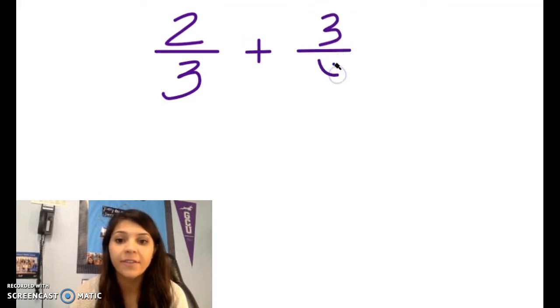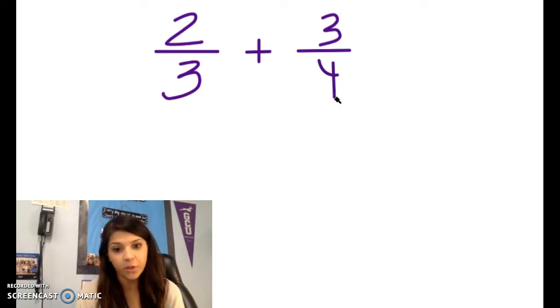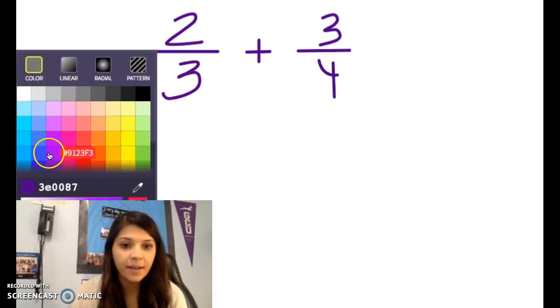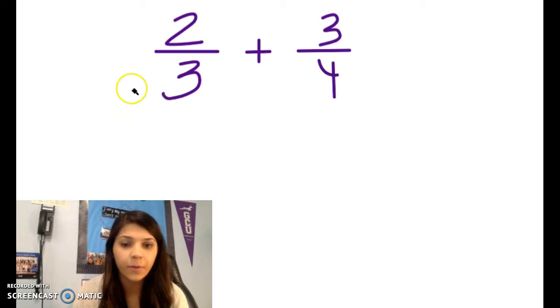So we had our numbers 2/3 and 3/4. So I'm just going to write that up here. 2/3 at the top plus 3/4. And so I have to think of all of my least common multiple facts. So if I come over to the side here and I'm going to focus on just the 2/3 for right now, okay?